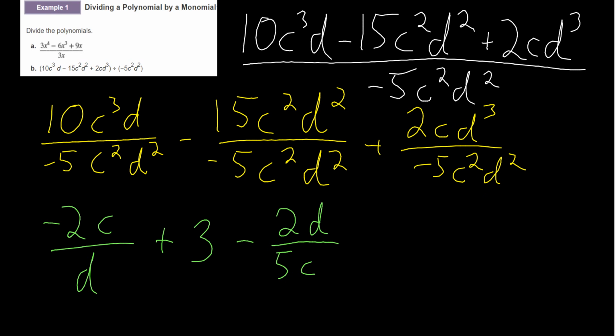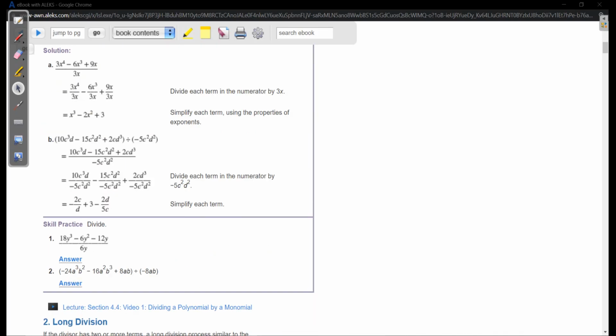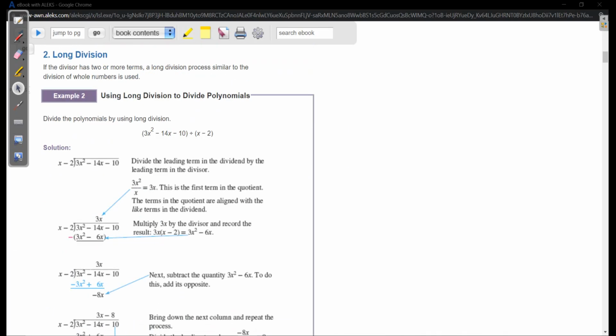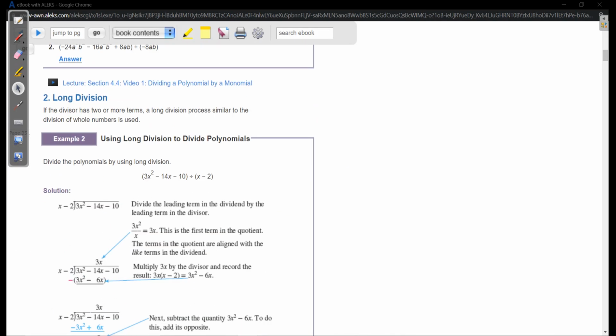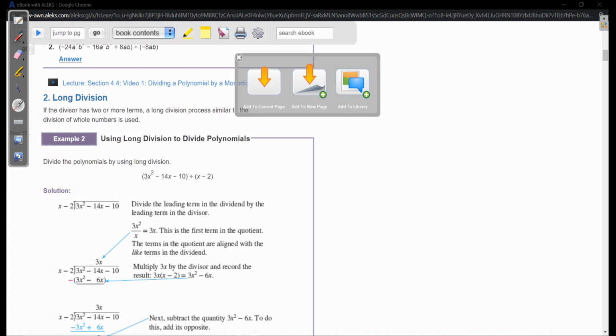Now, things get way worse really fast. Long division. If the divisor has two or more terms, a long division process similar to the division of whole numbers is used. So I'm assuming you've probably done long division of polynomials in high school, okay?